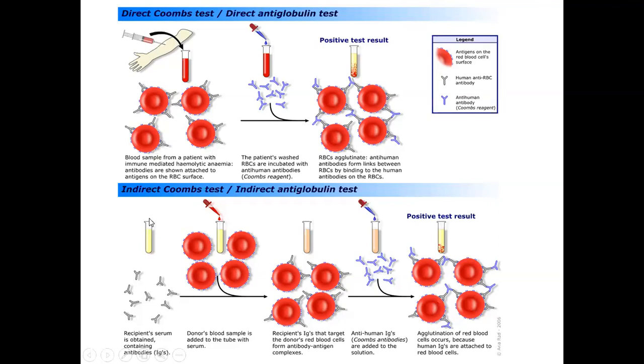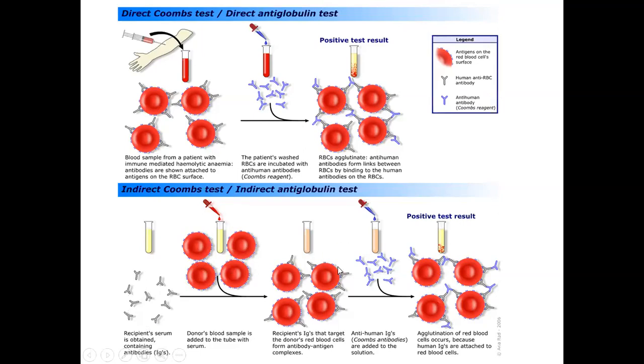The indirect antiglobulin test, on the other hand, is something that we use in vitro to help us detect weak reactions or help us detect when sensitization has occurred. For the indirect test, we add an antibody source such as the patient's serum or plasma to some red blood cells that we're using for testing.